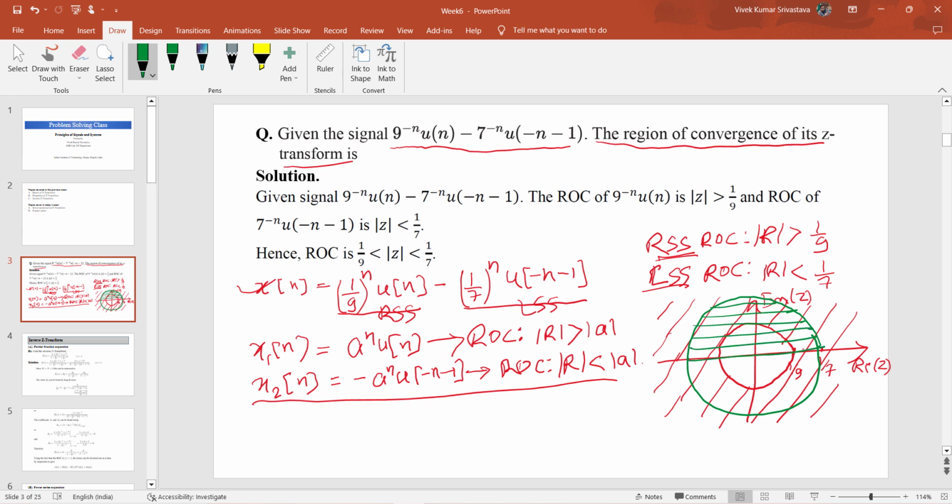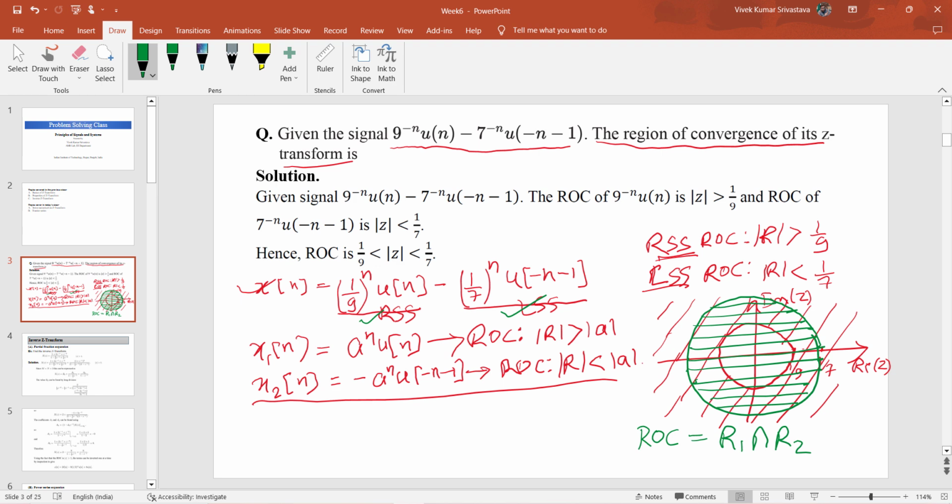As the signal given to us is a combination of two sequences, one right sided and the other left sided, the ROC of the overall signal is an intersection of these two ROCs, that is R1 intersection R2.